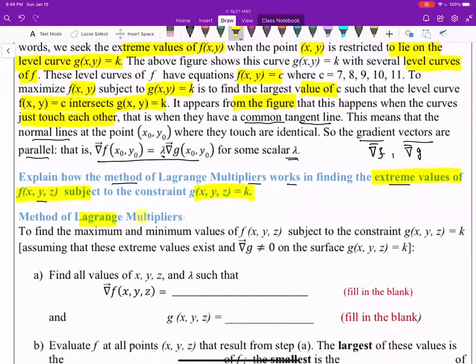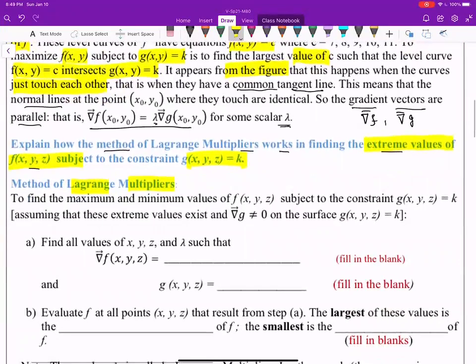Method of Lagrange multipliers. To find the maximum and minimum values of f of x, y, z, subject to the constraint g of x, y, z equal to k, assuming that these extreme values exist, that's an important condition, and the gradient g is not equal to 0 on the surface g of x, y, z equal to k.